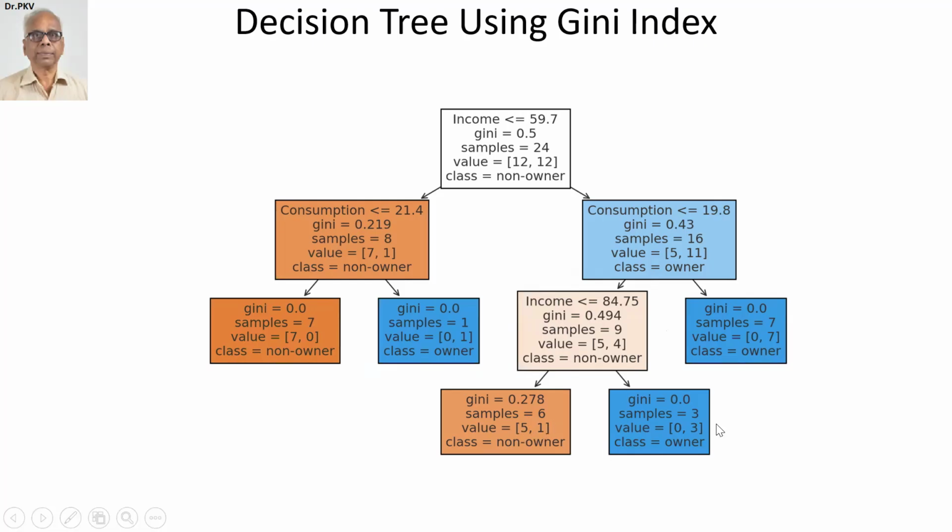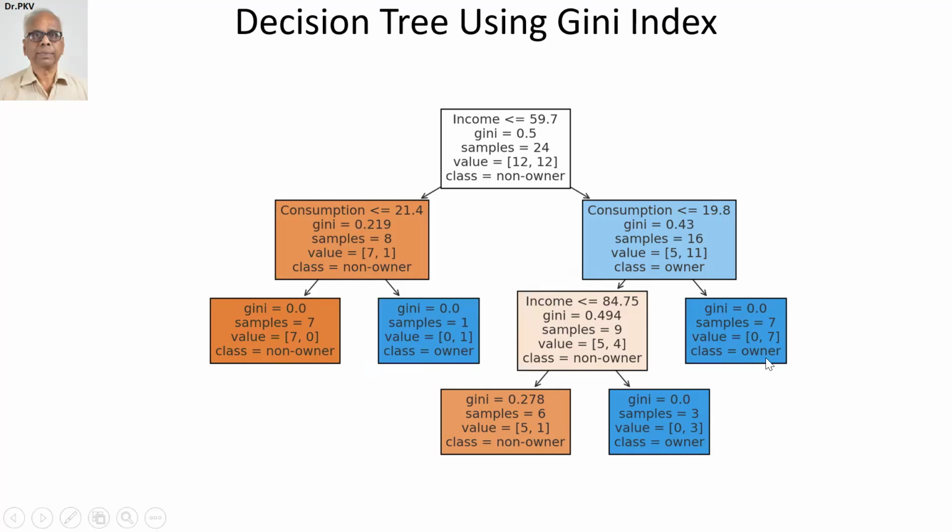Now come to the Gini here. It is equal to 0.0, samples is 3, value 0, 3, class is equal to owner because this is larger than this. And therefore, I have the terminal nodes here, 1 in this color. There is a 2 here. There is a 3 here for the owner terminal node.